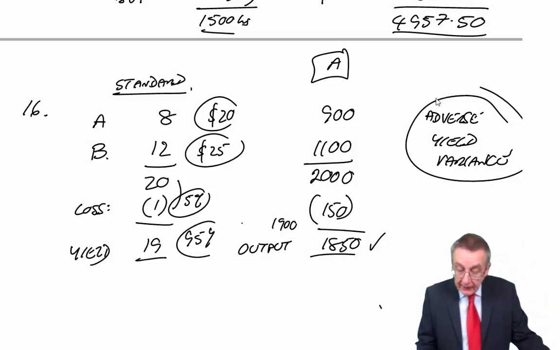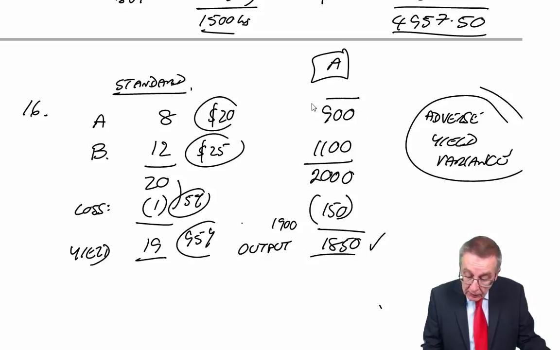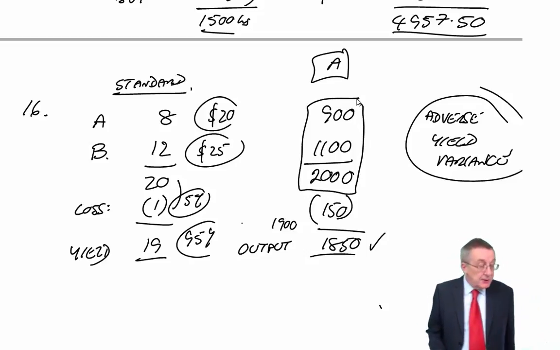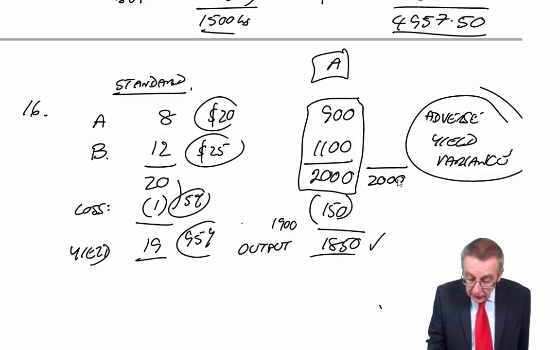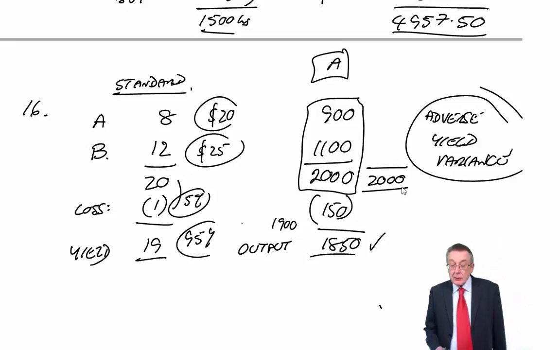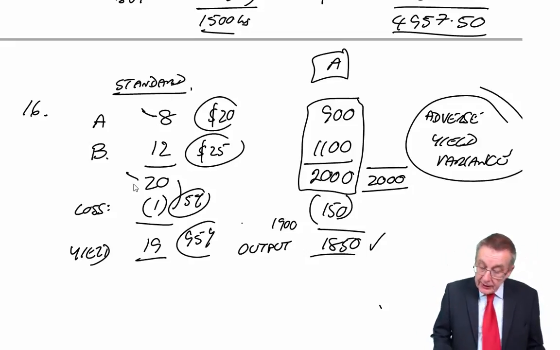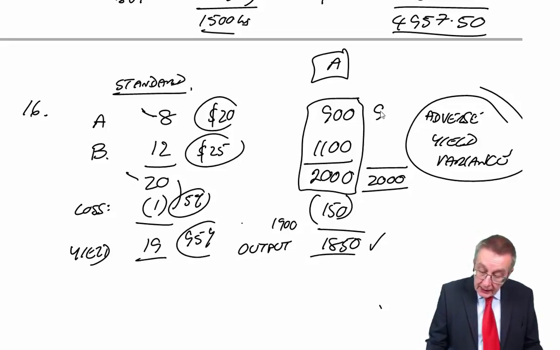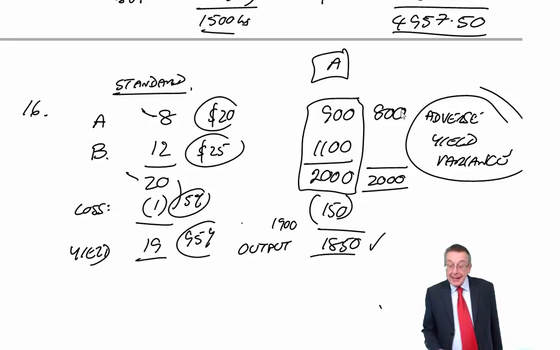For the mix variance, although we don't actually need to do all the numbers, rightly or wrongly, we input 2,000 litres. If we'd have mixed correctly, how should we have mixed? A should have been 8 out of every 20. So you would have expected 800 of A out of 2,000.